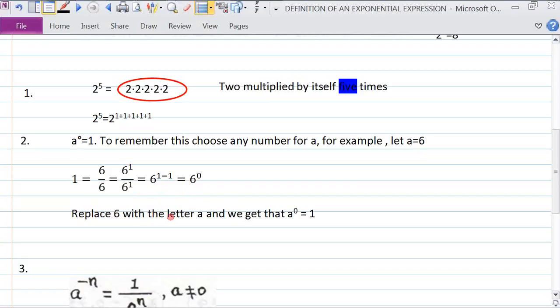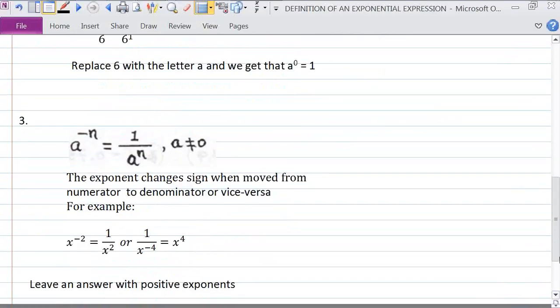Now replace the 6 with the letter a. So instead of 1, we get a over a, which is a to the 1 over a to the 1, which is a to the 1 minus 1, which is 0, so a to the 0. And that helps us understand.